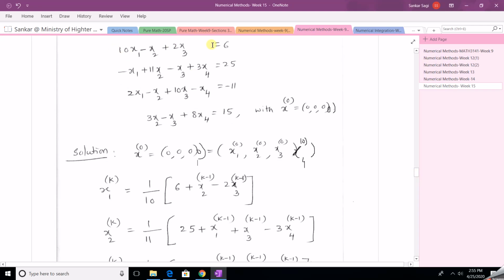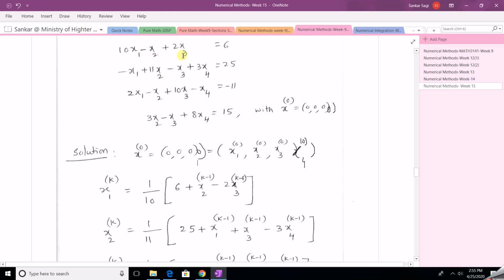Now from the first equation, you have to solve for x1, as we have seen before in the Jacobi method. If you solve for x1, take the x2, x3 terms to the other side and divide by 10. So x1 is equal to 1 over 10 times (6 plus x2 minus 2x3).